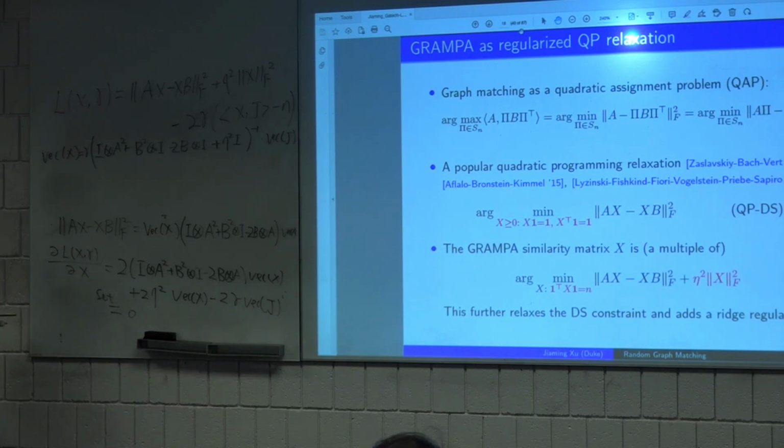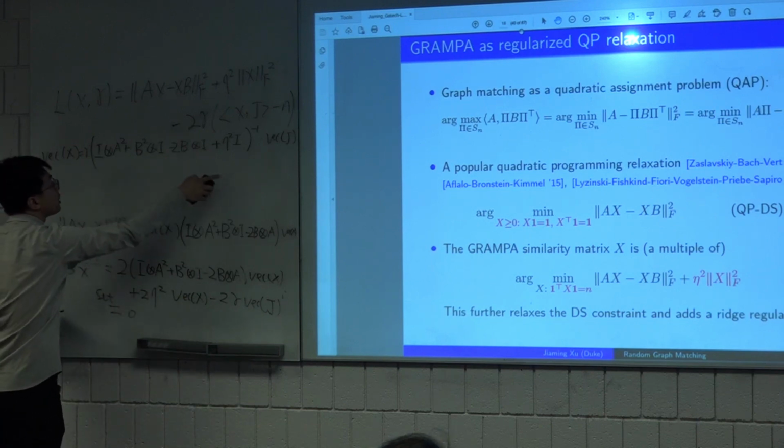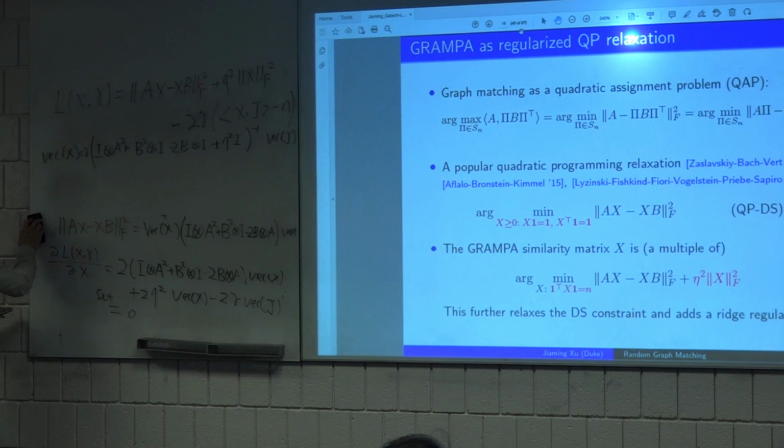I'm just moving this to the right-hand side and then taking the matrix inverse. Okay, is that good?